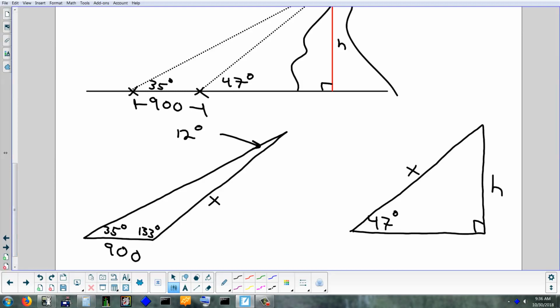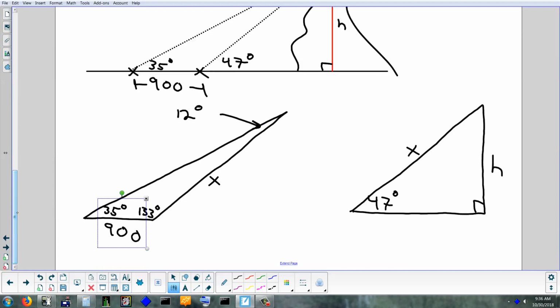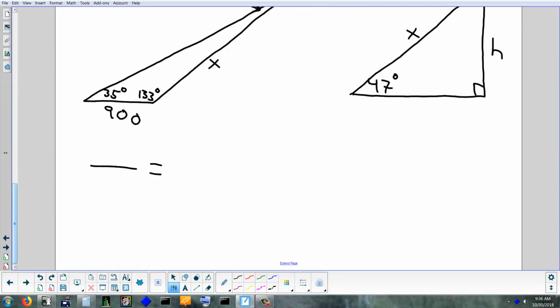Now I'm ready to use the law of sines. I finally have an angle and the side across from it. So let's set up our law of sines. Remember, sine of an angle, divided by what's across from it. Look at your picture.